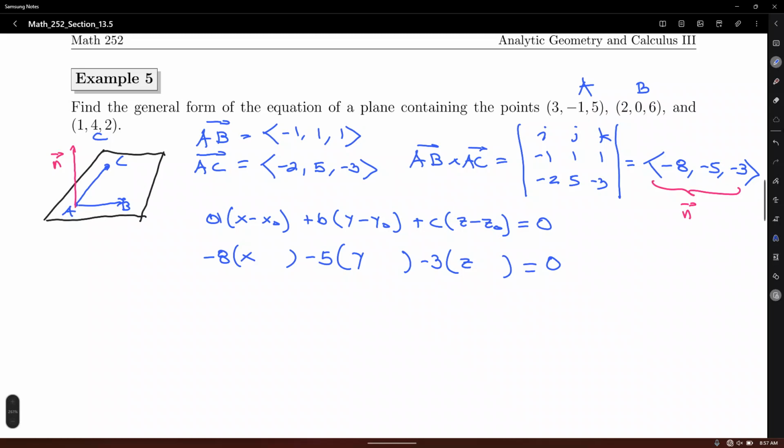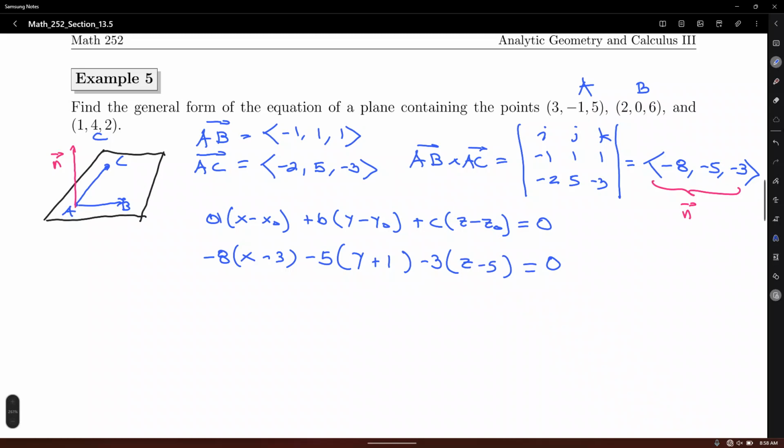So I'm going to use point A. That is x minus 3, and then y minus negative 1, which makes it y plus 1, and z minus 5. All right? So that's the equation in standard form, but they're asking for the equation in general form.